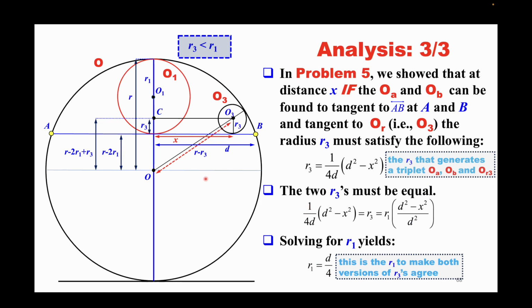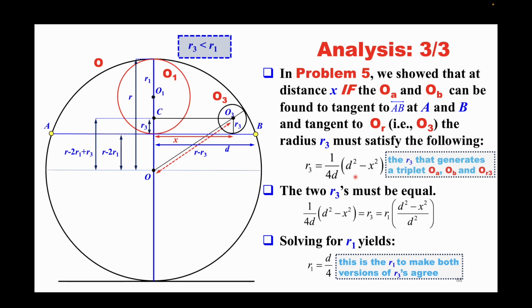In problem 5, we show that at this distance x, if OA and OB can be found to be tangent to AB at A and B, and also tangent to OR, that is currently the circle O3, then the radius R, and in our case R is R3, must satisfy this condition.